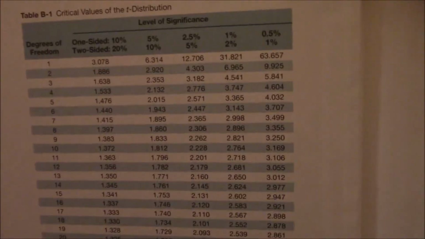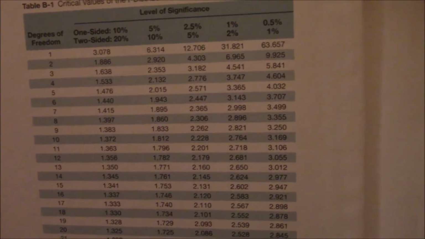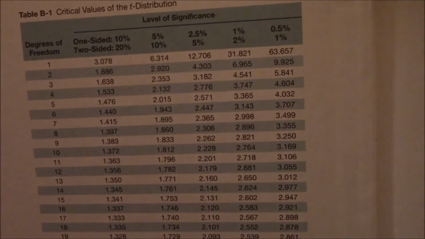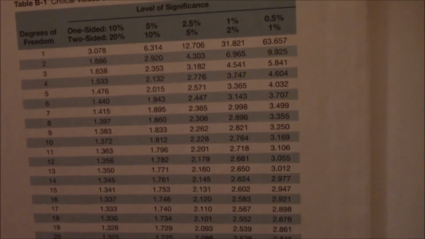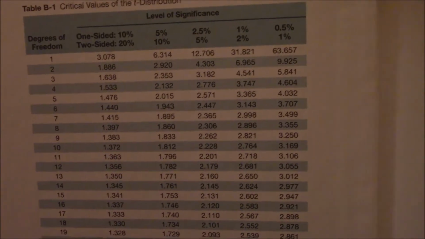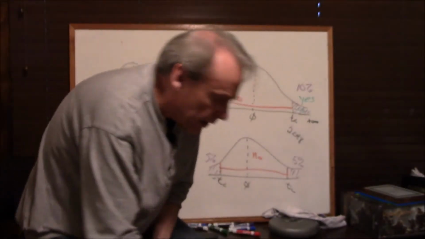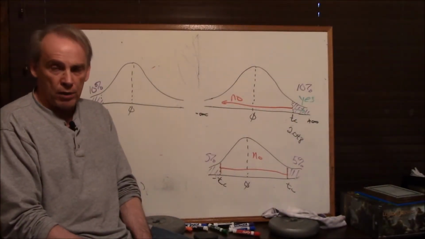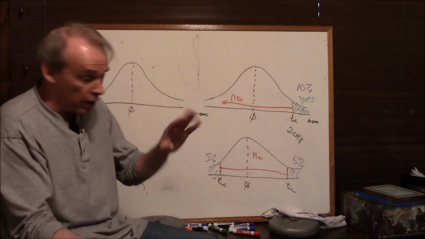Because if you'll notice, the t-values for one-sided 5% are not all the same. The first one is 6.314, then 2.92, and so on, as you get more and more degrees of freedom. There's a really easy, intuitive reason for why the numbers get smaller as you have more degrees of freedom. But let's first do the degrees of freedom.